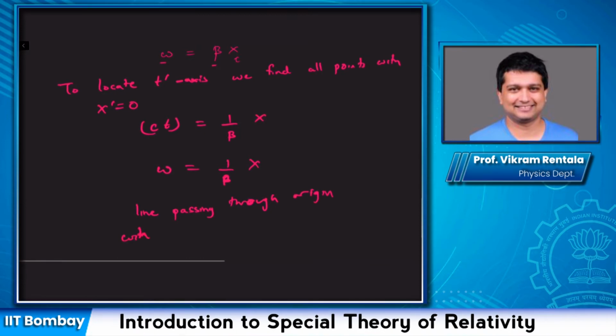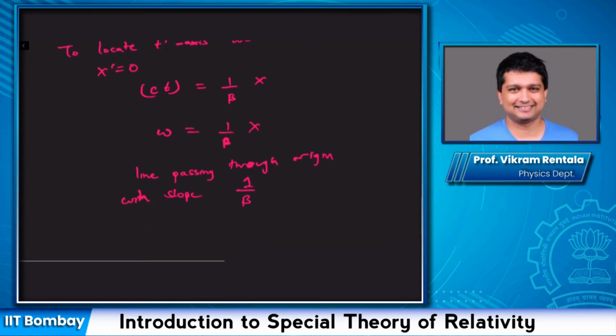With slope 1 by beta rather than beta, the angle that this line makes would be greater than 45 degrees, but still less than 90 degrees for positive values of beta.